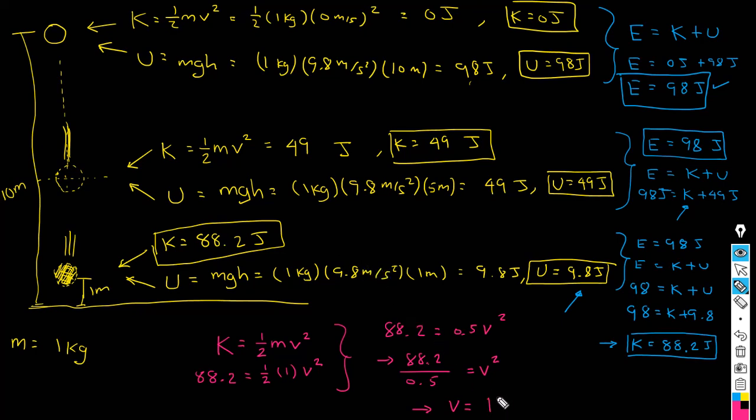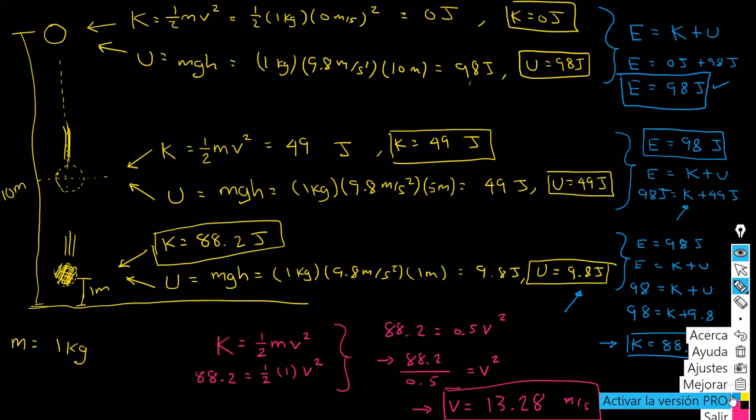Okay, you should have found 13.28 meters per second. That's what I got. Let me confirm. Yes, this is what I got. So I could also get the velocity of the particle at this point by using a method of energy, by using the concept that the total mechanical energy is conserved all throughout the falling down.